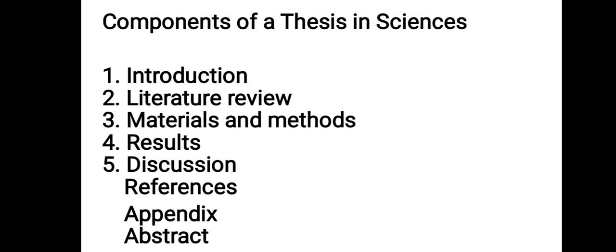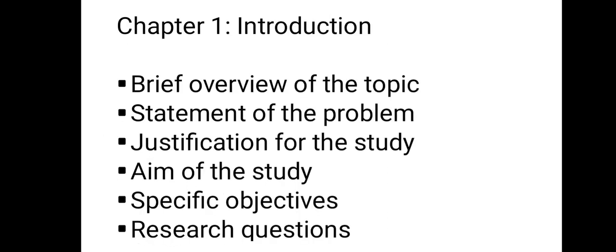You then have references, appendix, and an abstract. So we are going to look into these components of a thesis in sciences. We are going to start with the introduction.